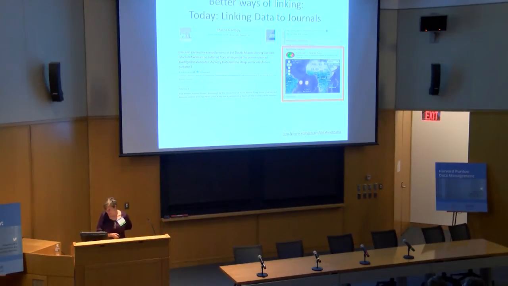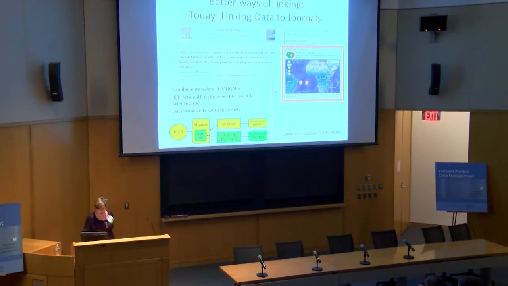Here's an example that my colleague Hilke Koers has been working on, where you have some journals, and I'm using an Elsevier example for obvious reasons, but many other publishers have done similar things, and I think it's improving what we're doing. You actually have a data set, in this case in a marine geology journal, and there is a supplementary data set at a data repository called Pangea.